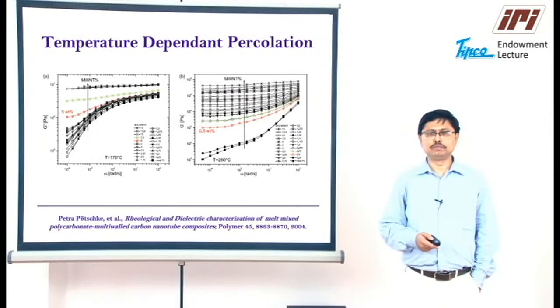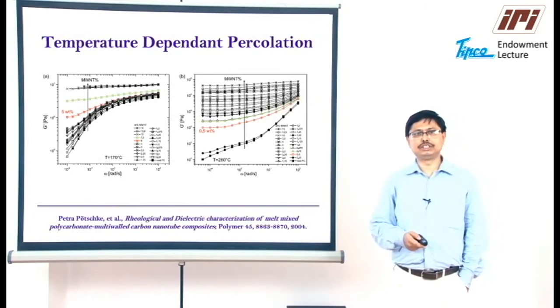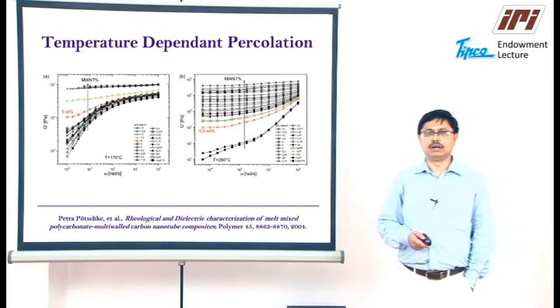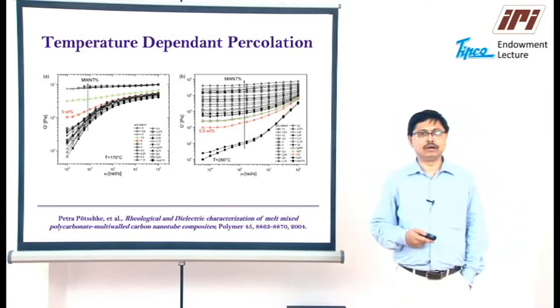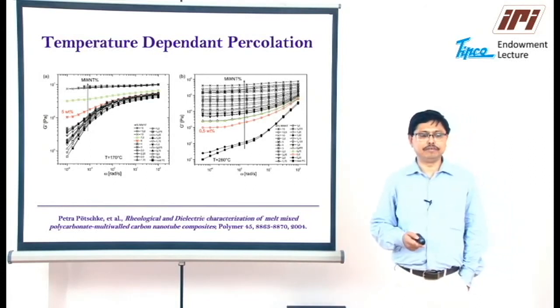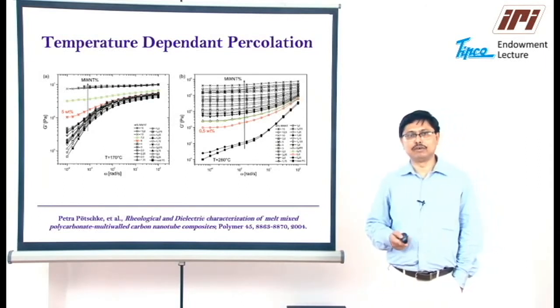There is also reported literature which suggests that the rheological percolation we are discussing is the transformation from a fluid-like behavior to a solid-like behavior in the presence of nanotube materials, and that it is a temperature dependent percolation.